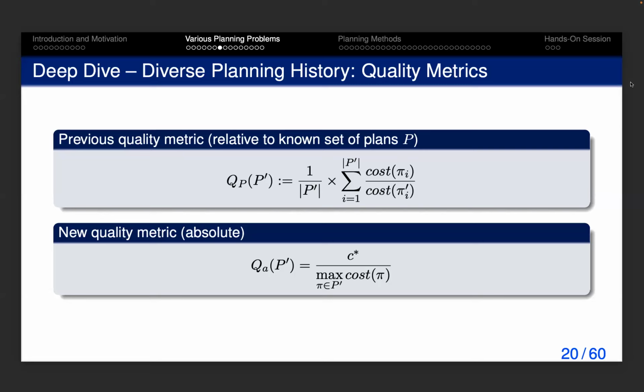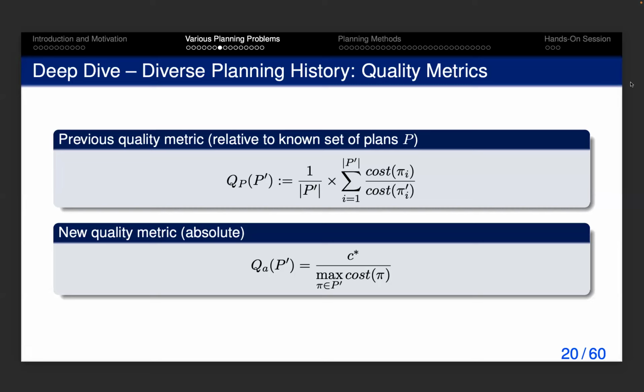In the top one, the quality is relative to a known set of plans, P. So it's not absolute, it's a relative number. And on the bottom, this is an absolute one, where C star is the cost of the best plan that you found so far. But you also need to look into the max cost of the P and your P prime. So anyway, there are also multiple quality metrics that exist.